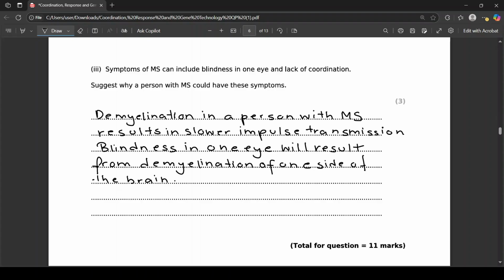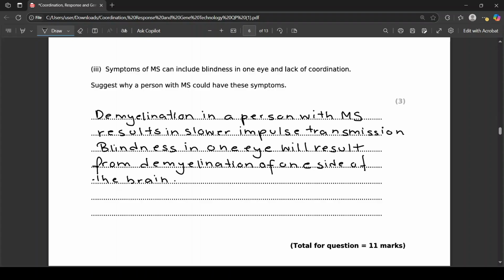Okay, so that side of the brain is demyelinated. As a result, that one particular side is affected more than the other side because this one is demyelinated. So this causes the blindness in one eye and the lack of coordination due to the demyelination of one side of the brain. Okay, not both, but just one part.